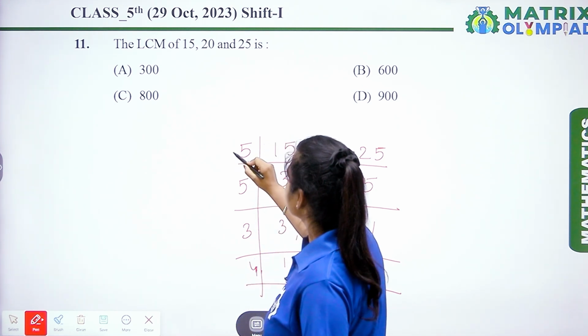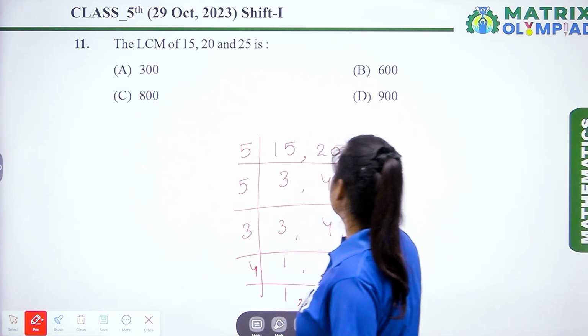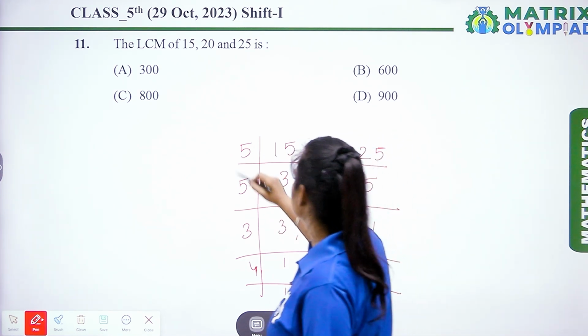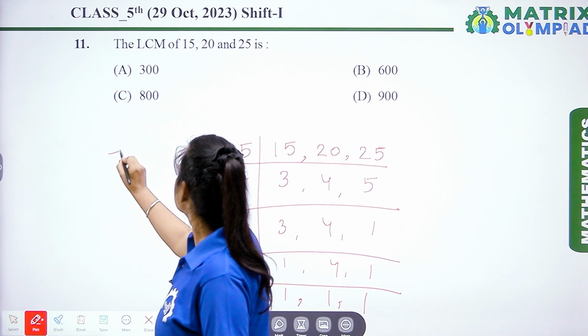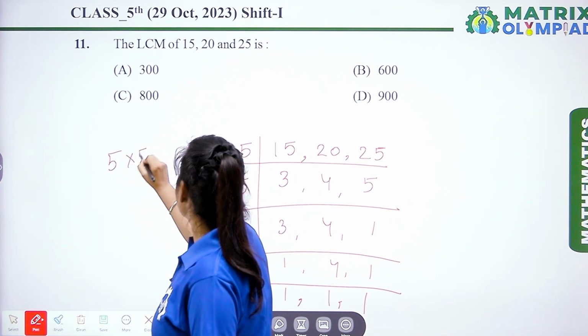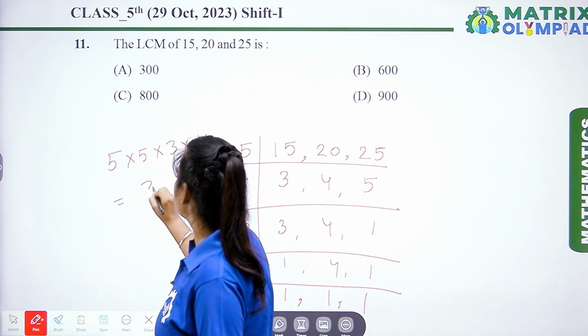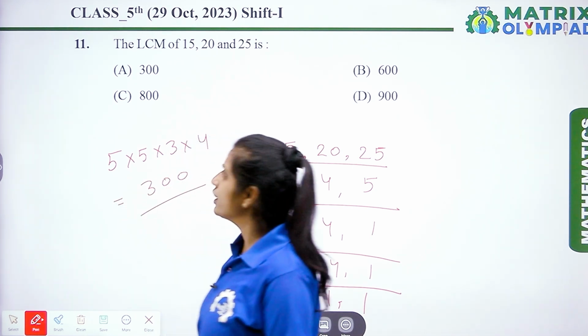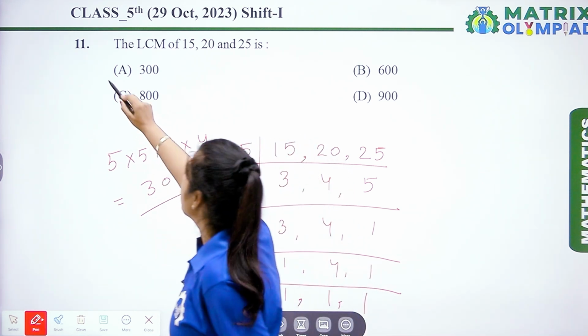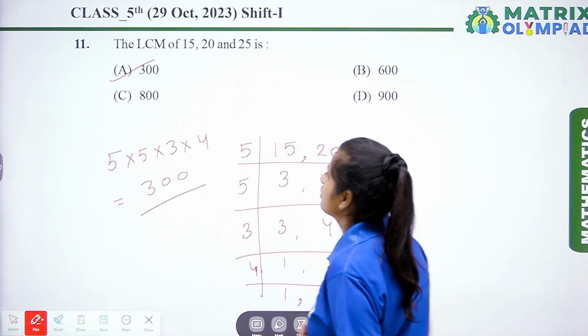So here, the LCM of 15, 20 and 25 is 5 multiplied by 5 multiplied by 3 multiplied by 4, that is equal to 300. So here option A is the correct answer.